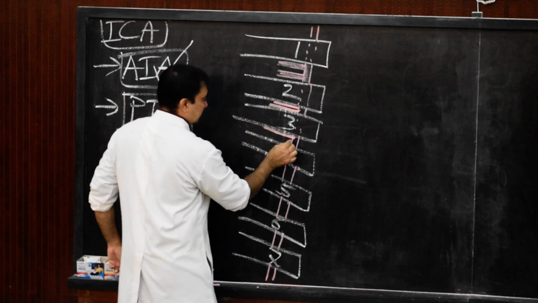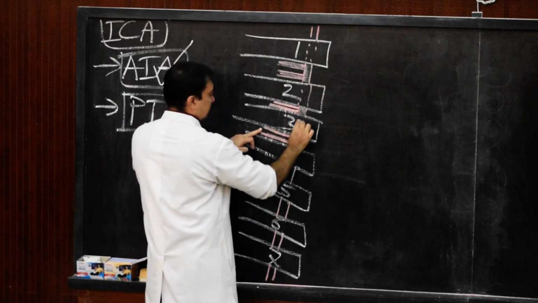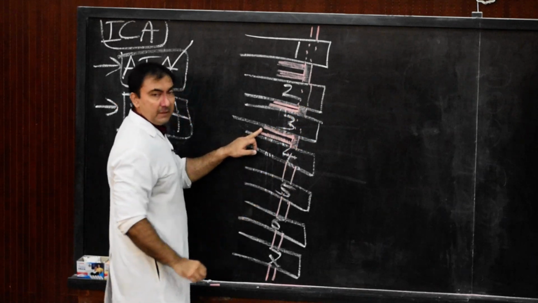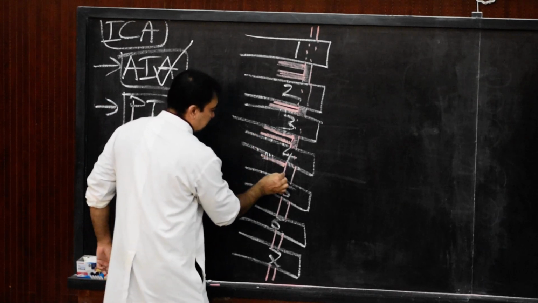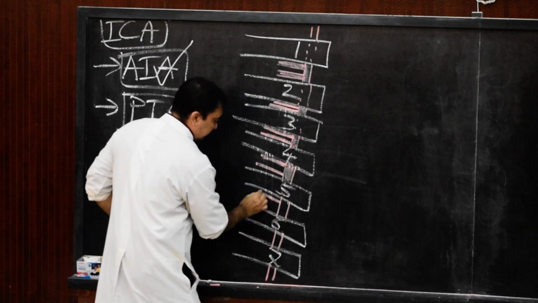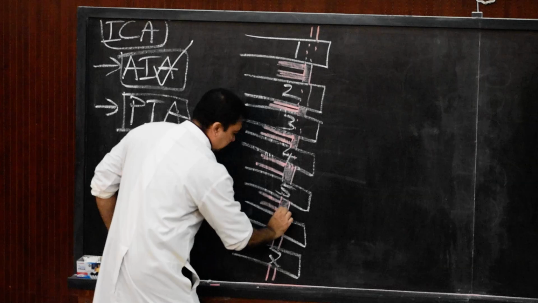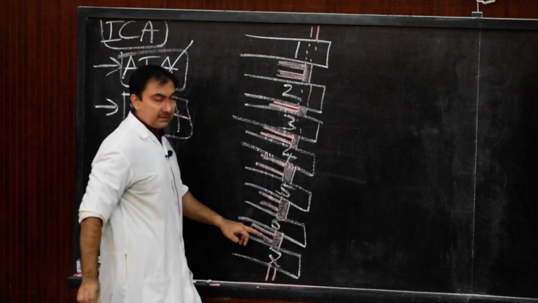This is the third intercostal space, in which the anterior intercostal arteries are branches of the internal thoracic artery. Once again, this will be the fourth intercostal space, this will be the fifth intercostal space, and this will be the 6th intercostal space.